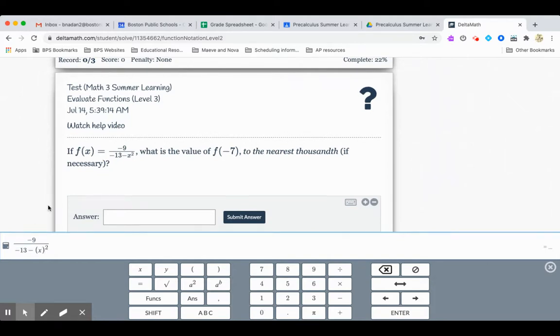So I typed the function. Again, I put x in parentheses, and that minus goes outside the x. And so my x, the input, is -7. -7, we're told, is an input, so we're assuming that's in the domain. The complicated thing for this one is to the nearest thousandth. So that means 3 decimal places.